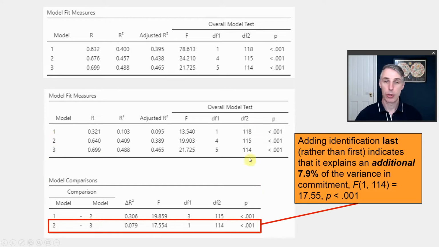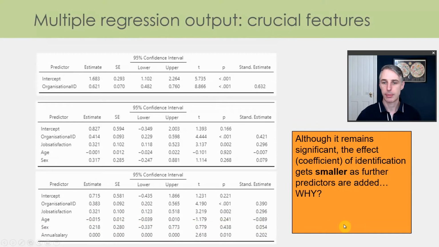Okay, so this comparison between model 2 and model 3 is telling us that adding identification last rather than first explains an additional 7.9% of the variance in commitment, and that is significantly different from 0. So with all the other things in the model already, identification on top of those explains a further 7.9% of the variance in commitment. Okay.